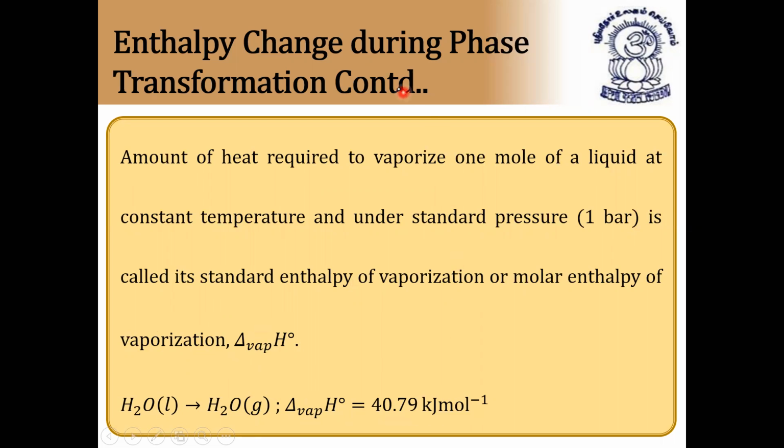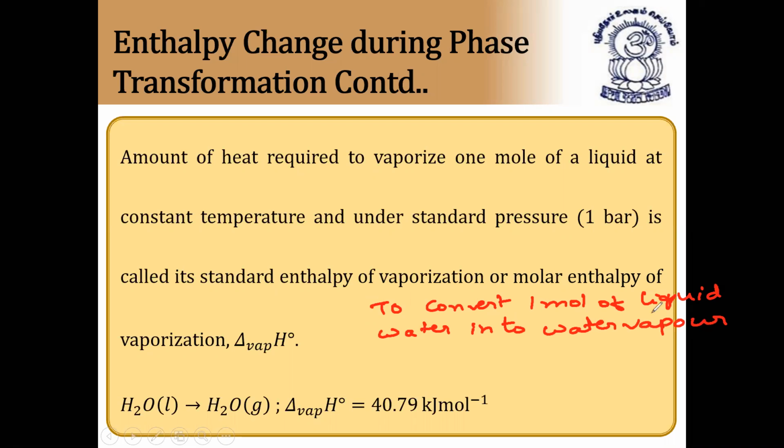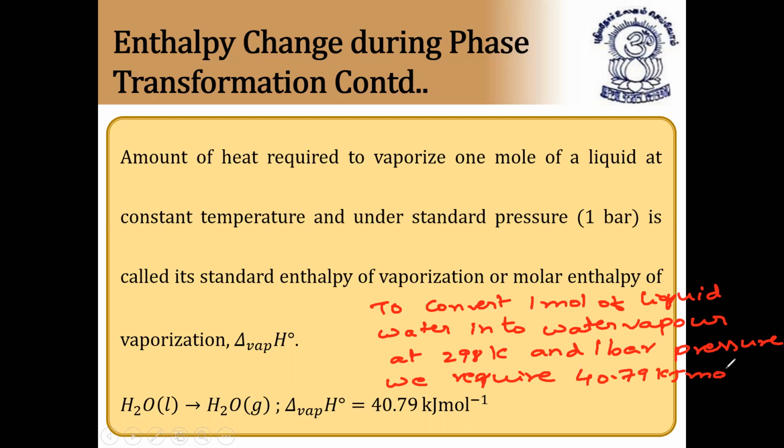So what is the statement you write here? We write the statement as: to convert 1 mole of liquid water into water vapor at 298 kelvins and 1 atmospheric pressure or 1 bar pressure, we require 40.79 kilojoules per mole of heat energy.